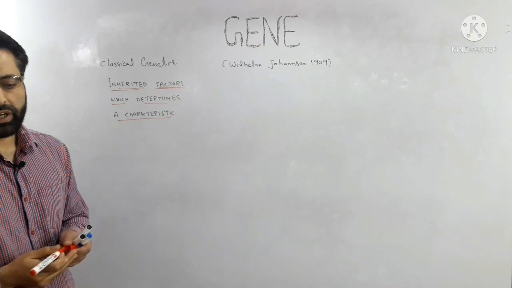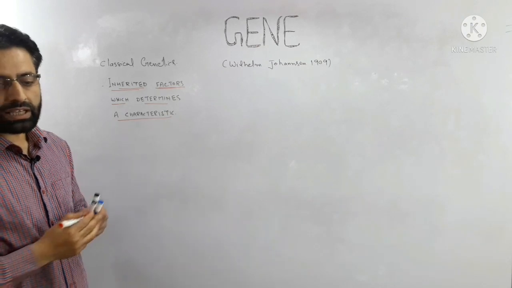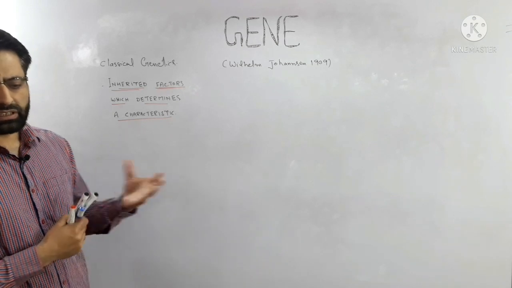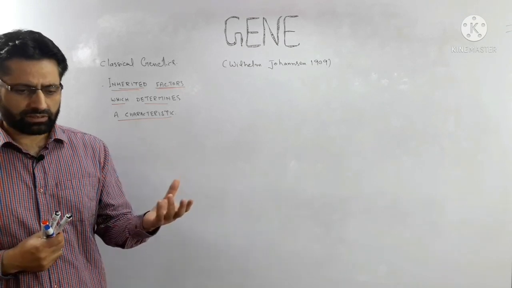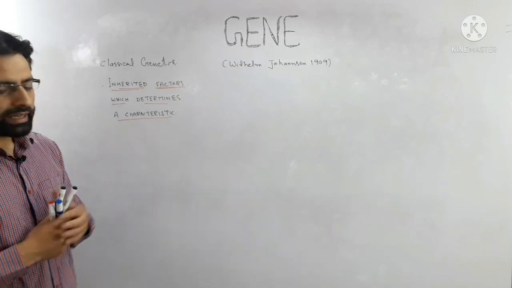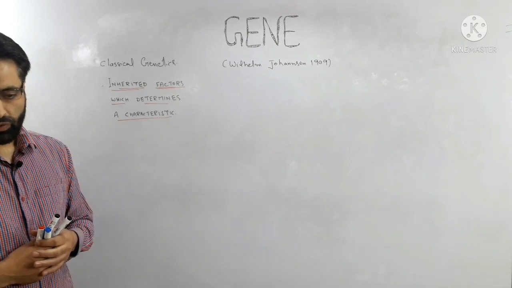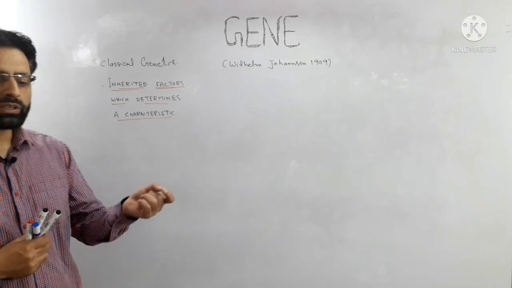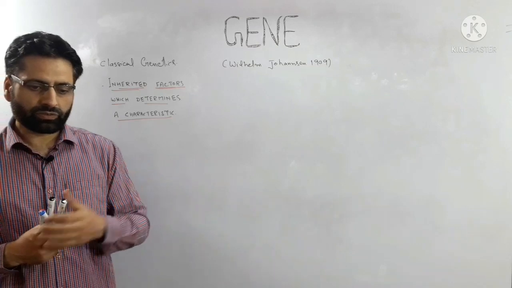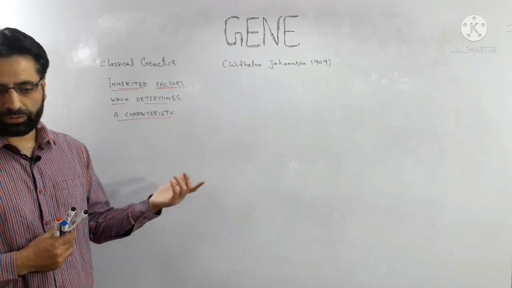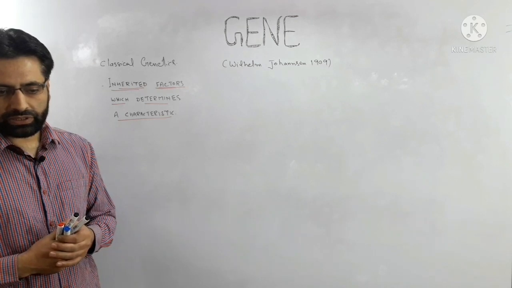This is how we define it in classical genetics: the gene is some kind of physical factor which controls a characteristic in an individual, or you can say it is a unit of heredity which gets inherited from the parents and controls a phenotypic feature in an individual.